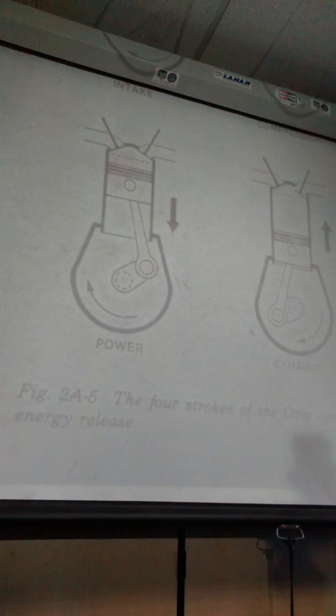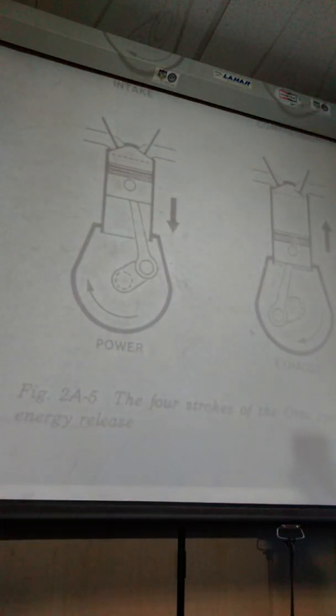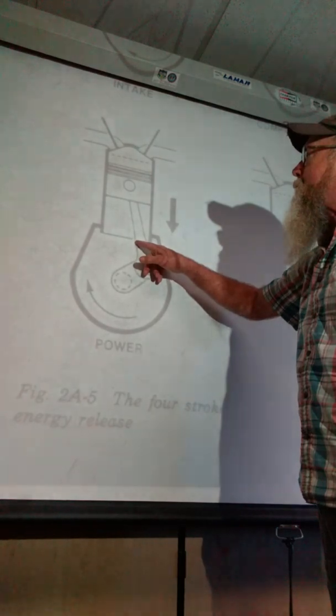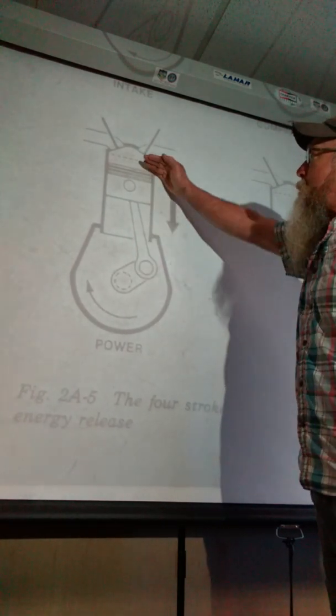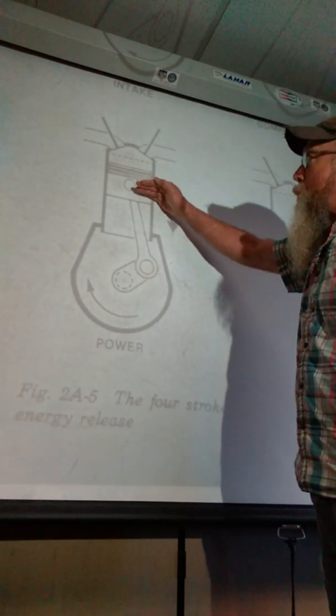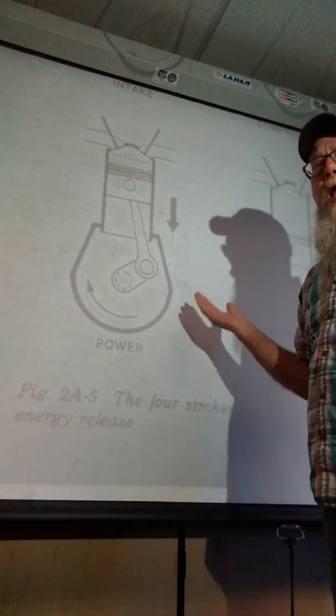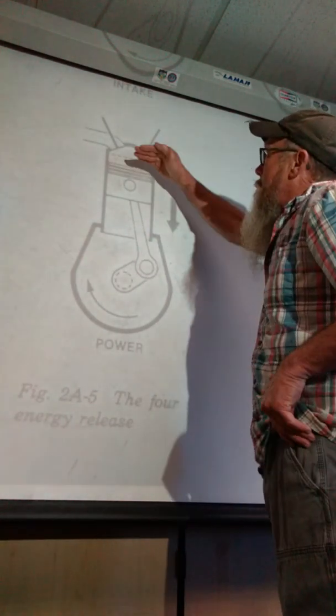Now, why the stroke and the event are different is where we started with the crankshaft up here at top center, beginning that intake stroke. The intake event actually already began before we got up to this point.